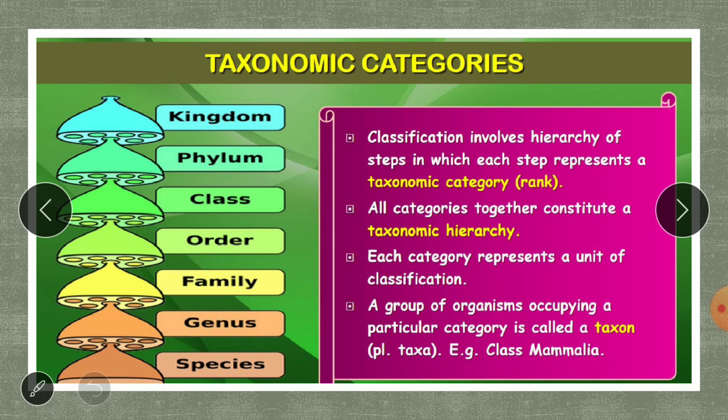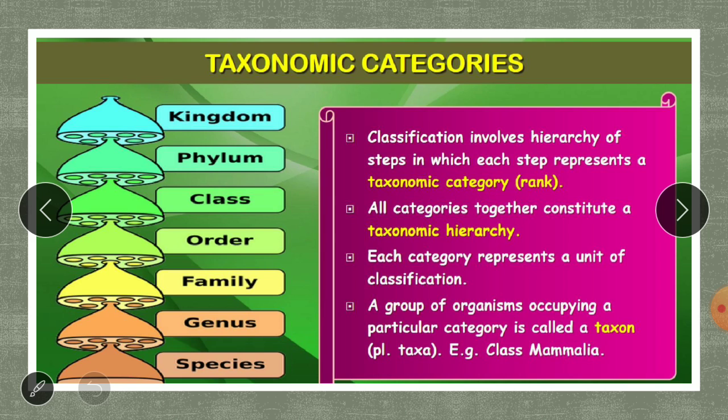In this manner, even the organisms have been grouped into certain categories based upon their characters. Now, from whichever branch you are, arts, commerce or science, you belong to Jyoti College. One common thing is Jyoti College.